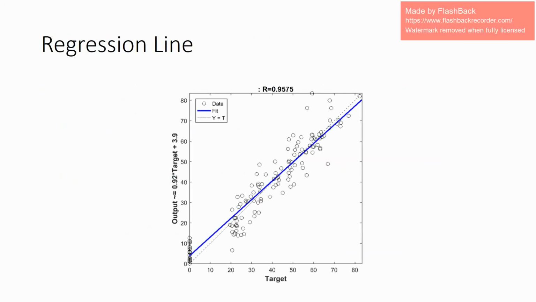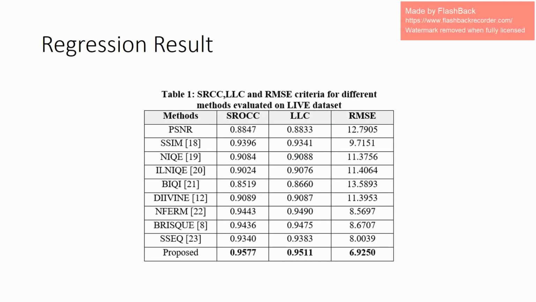The figure shows the regression line. As you can see, the regression coefficient is 0.95, which is very good, and it shows that the model can predict the quality of an image with good accuracy.